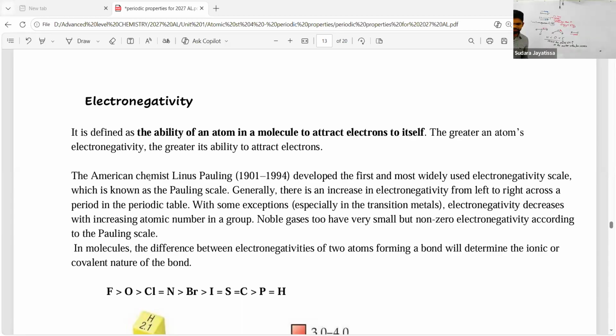FOCLN, Br I S C P H. Make something to remember it. Write a small poem, and try to remember it like you remembered the periodic table.